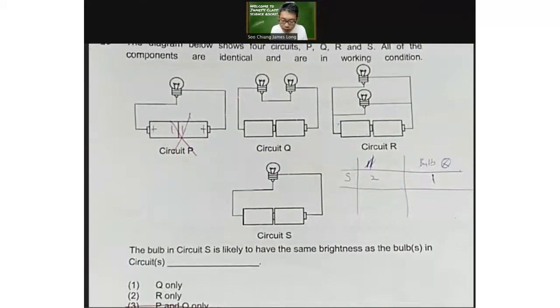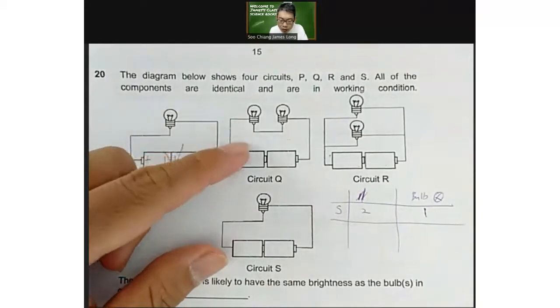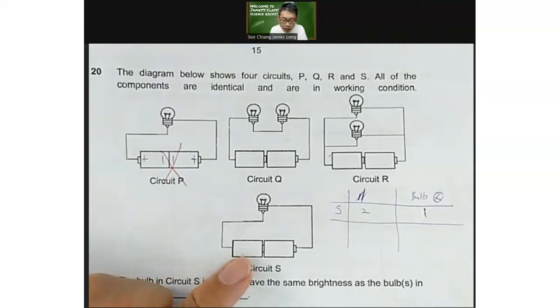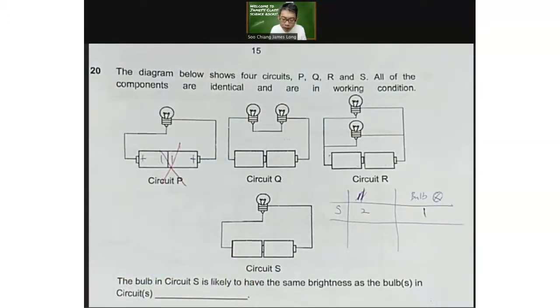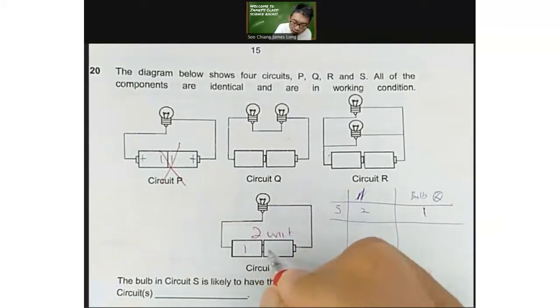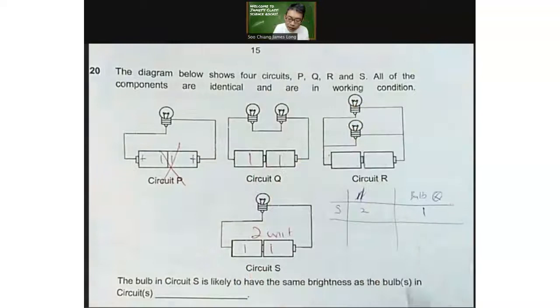Now next one. These 2 circuits look similar. The difference is these 2 bulbs are in series. That means let's say the amount of current that flows through them is, give it 2 units, for example. So 1 unit here, 1 unit here. In this case here also 1 unit, right? But the current will be shared by these 2.